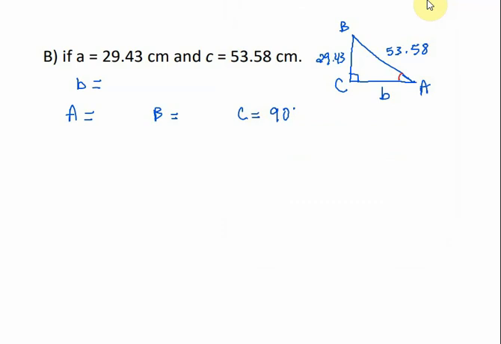So the trig function that deals with opposite and hypotenuse is sine. So I would say that the sine of A is the opposite, which is 29.43, over the hypotenuse, which is 53.58. Now I'm trying to find this angle. So in order to solve for the angle, the inverse operation of the trig function would be sine inverse.